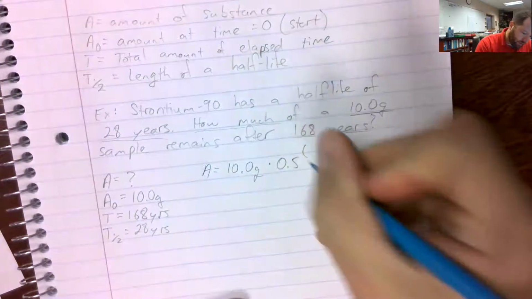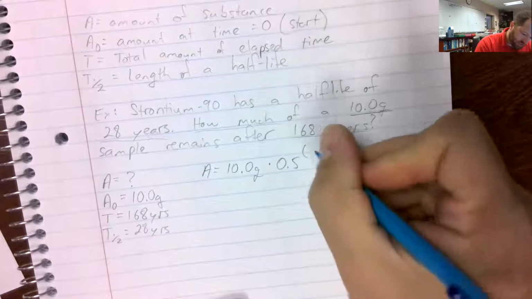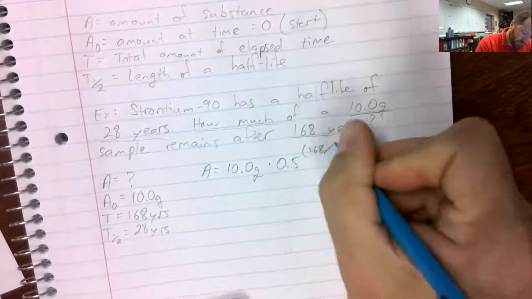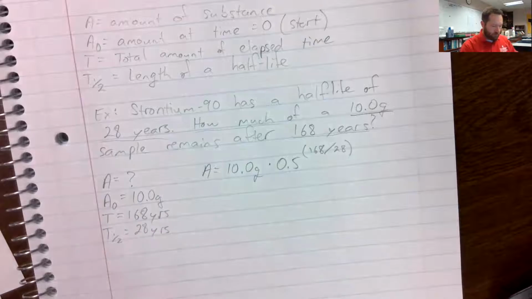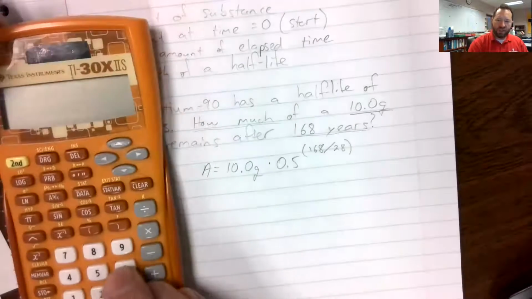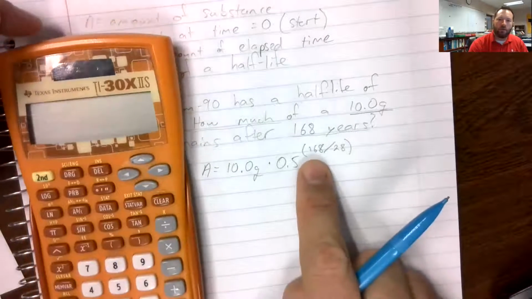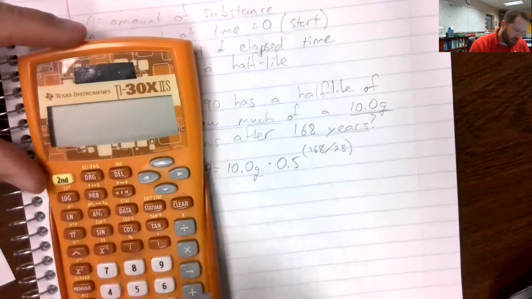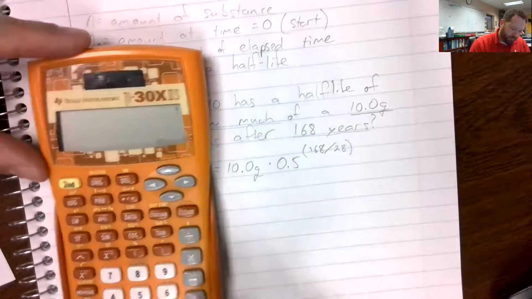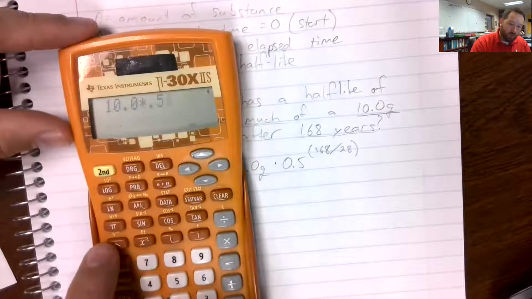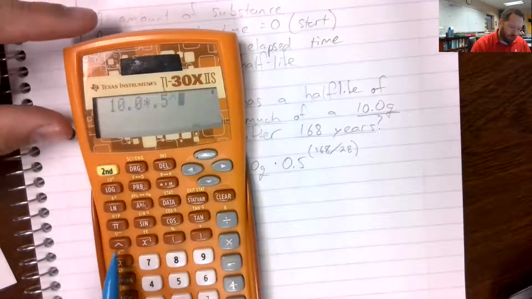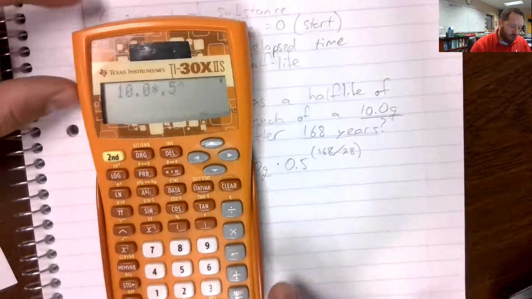And then up to the power of, now make sure you put this in parentheses, 168 divided by 28. There we go. So that's how we're setting this up. There's our total amount of time divided by our time of a half-life. So we got 10.0 times 0.5. I'm going to use the caret button right here to go up to the power of.